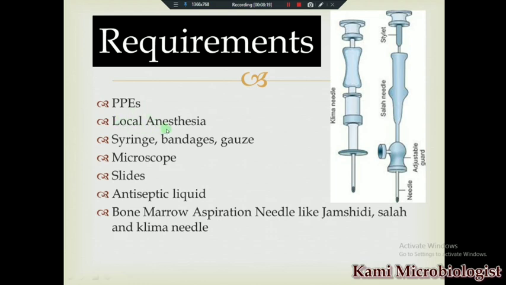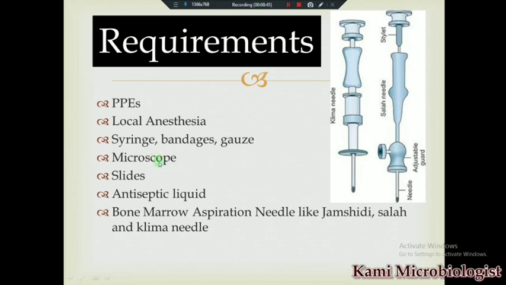We use local anesthesia, so it is important to numb the specific area from where we take the bone marrow, meaning the hip portion. Syringe, bandage, and gauze are also important, because through the syringe we can take the bone marrow sample. Through the bandage we will cover the specific area from where we take the bone marrow, and gauze is important to clean the specific area using the antiseptic liquid.